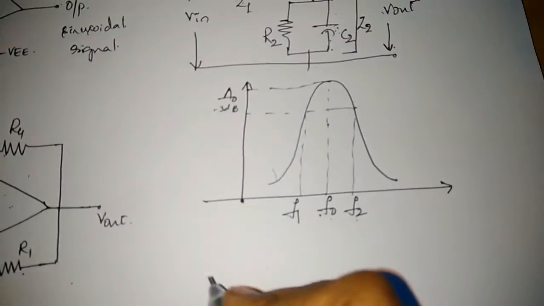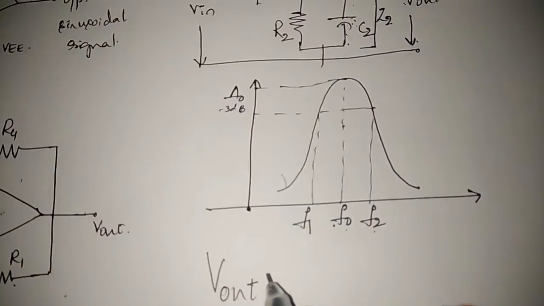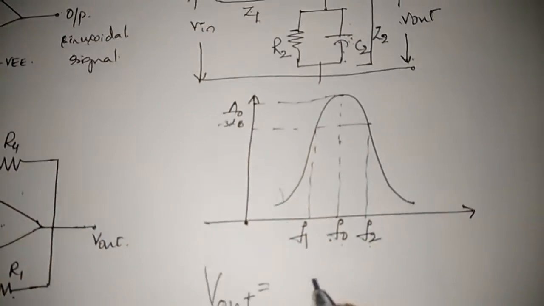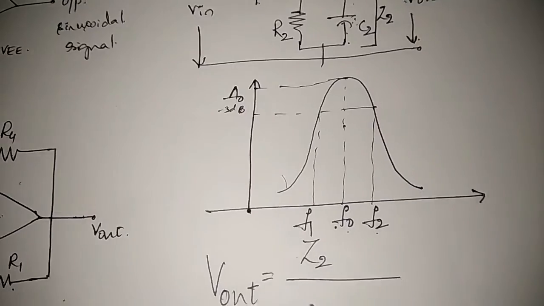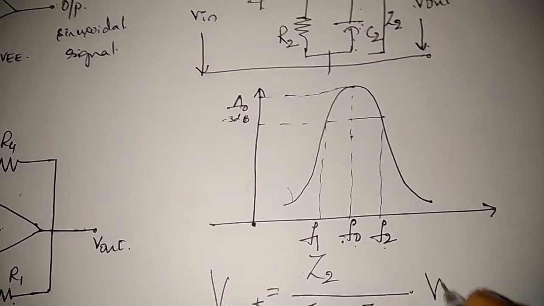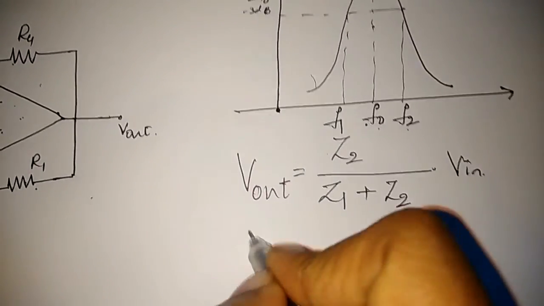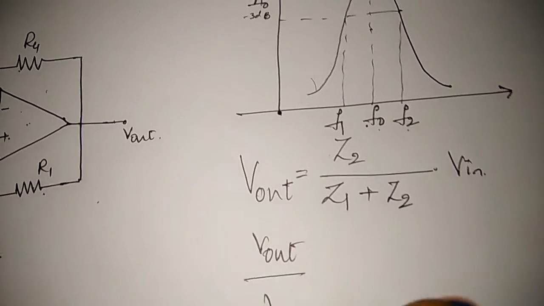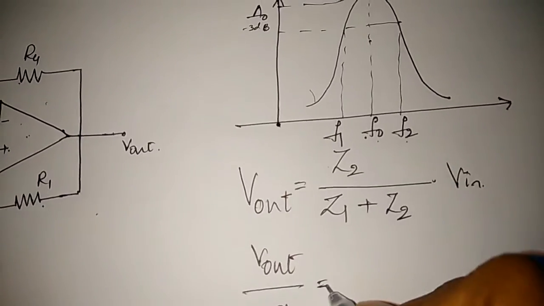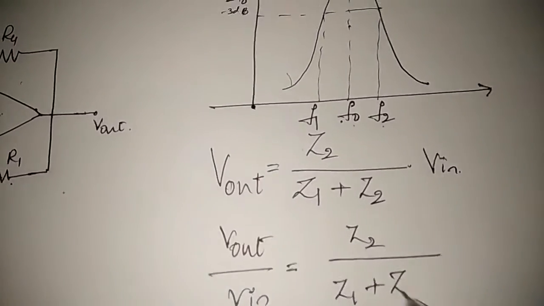So I can write V out is equal to Z2 divided by Z1 plus Z2 into V in. This can be rewritten as V out divided by V in, which is equal to Z2 divided by Z1 plus Z2.